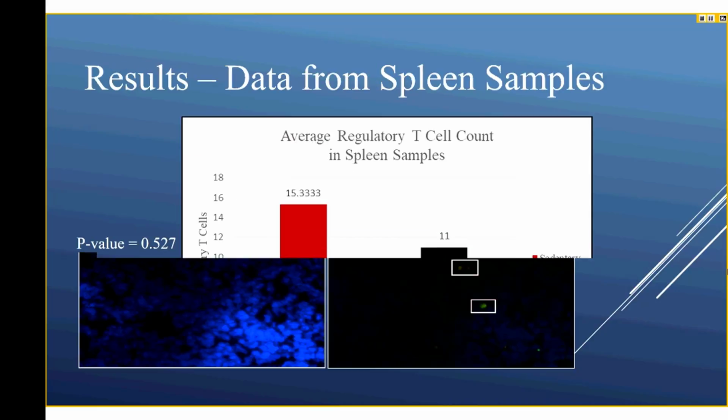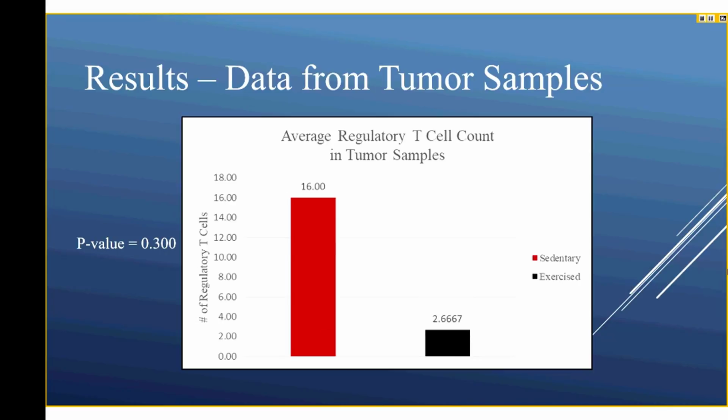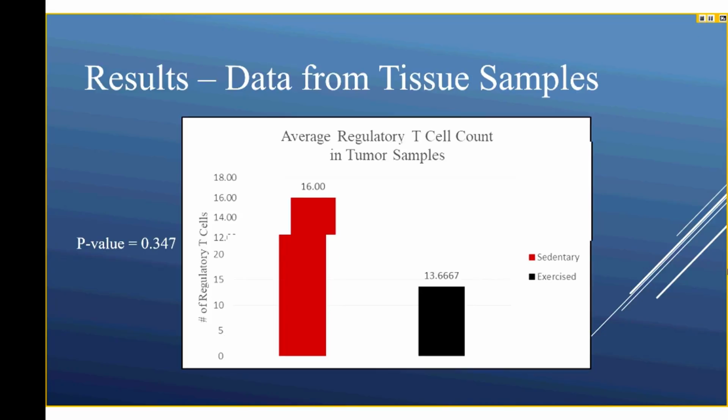So this is comparing the average regulatory T cell count and the range of sedentary and exercise cohorts. In sedentary there is an average of 15.33 cells, and in exercise there is an average of 11. For tumor samples, there was a larger difference, with sedentary having an average of 16 cells, and exercise having 2.66 cells. And the overall tissue count, when we combine the tumor and the spleen for both, you can see that there is a great difference between 31.33 cells for sedentary and 13.67 for exercise.